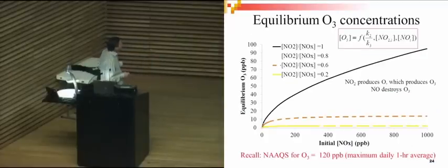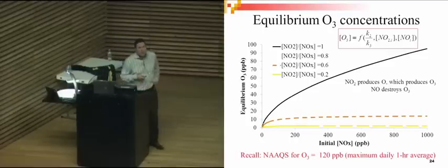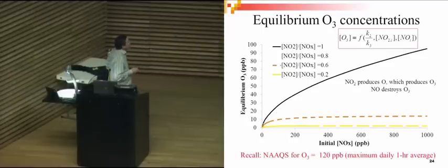So if we look at equilibrium ozone concentrations as a function of the initial NOx concentration, everything is going to be dependent on the ratio of NO2 to NO. So we can use equilibrium concentrations to generate our ozone concentration as a function of these reaction rate constants, which will be dependent on sunlight, and our NO2 and NO concentrations.